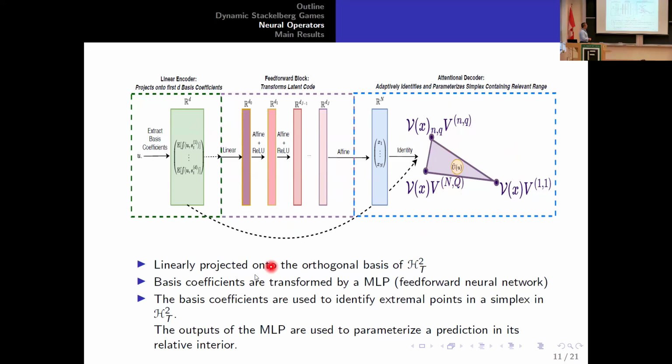The basis coefficients are used to identify the extremal points, which are the vertices of a simplex in a subspace of H2 space. And the output of the MLP enters the final step as a softmax function that parameterizes the value in the interior of the simplex.